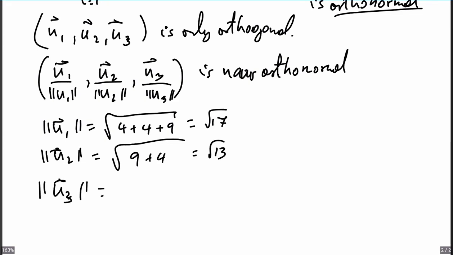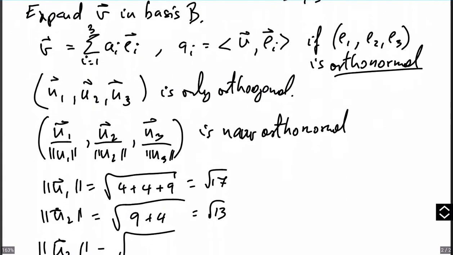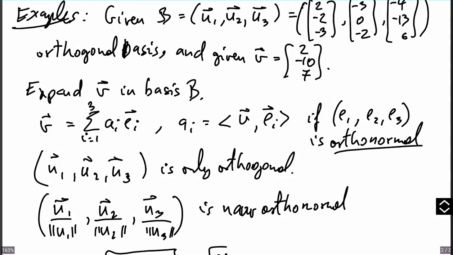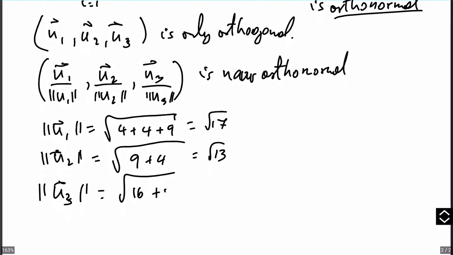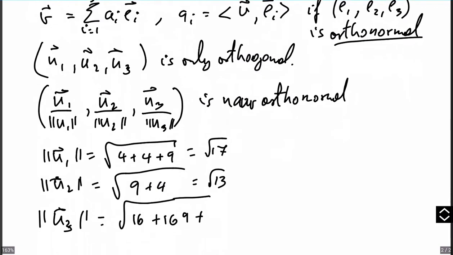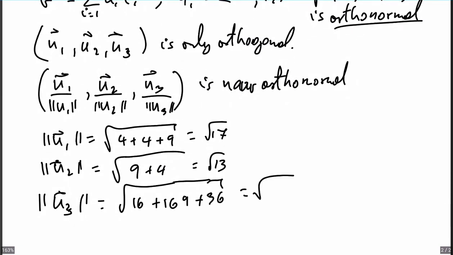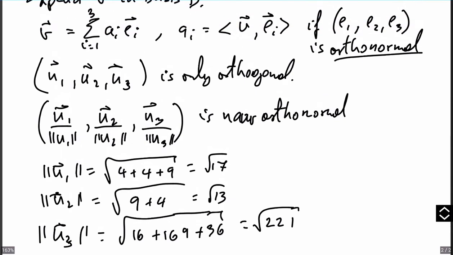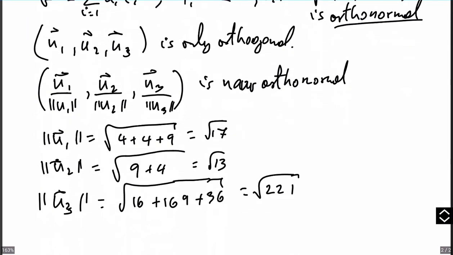The u3 norm, 16 plus the square of 13, which is 169, plus the square of 6, which is 36. So this is the square root of 221.